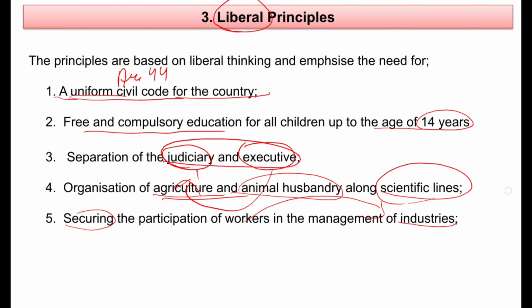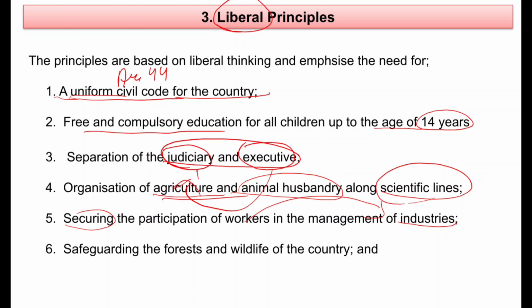Last point, we have safeguarding the forest and wildlife of the country. See, this is very important. In our fundamental duties also we have this. It is our duty to protect the wildlife, forest, river, lake, isn't it? So here we should always safeguard forest and wildlife. Why?